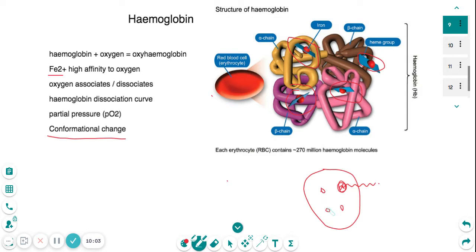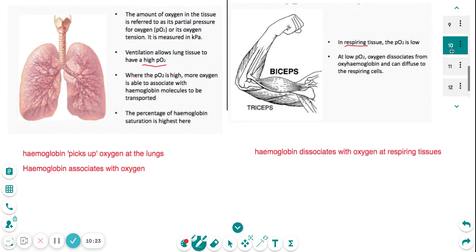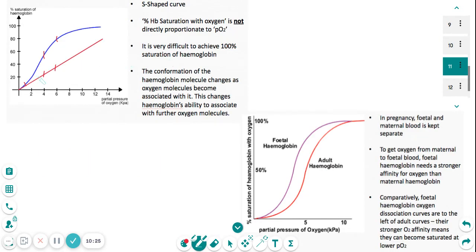And as soon as they become more exposed, it's easier for the following oxygen molecules to associate with. So as long as that initial heme group has associated with the oxygen, the others will be able to very quickly associate with the remaining oxygens as well. And that's what's explaining this sudden increase in steepness.